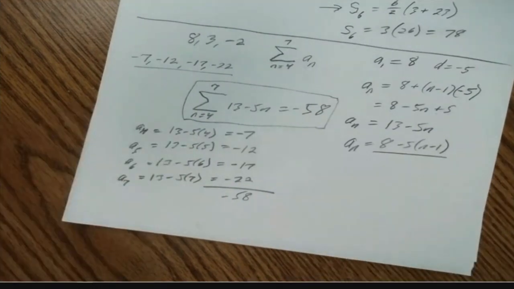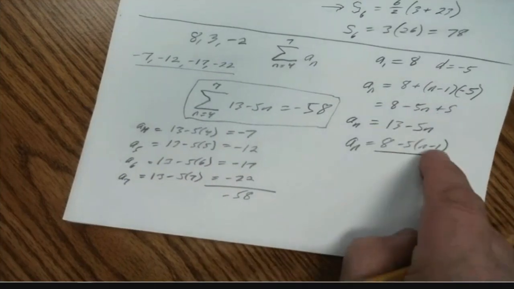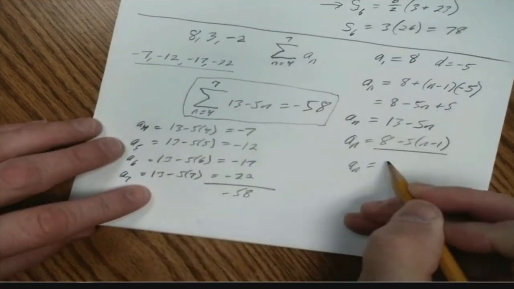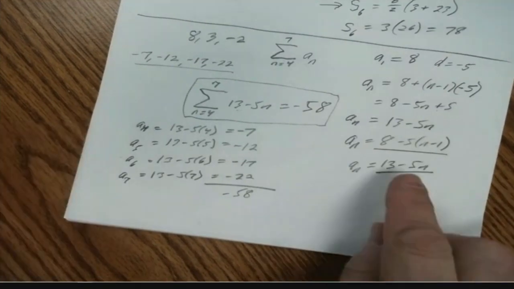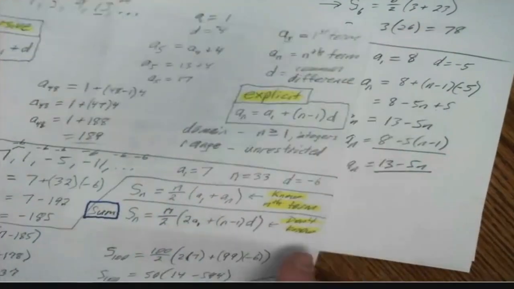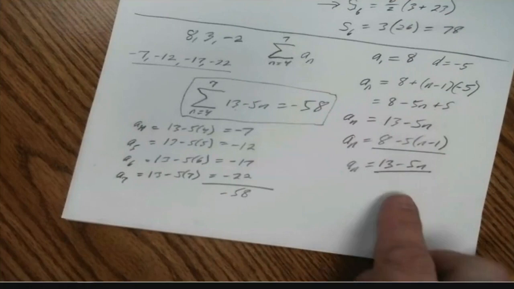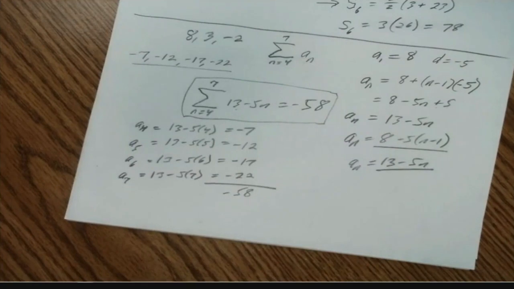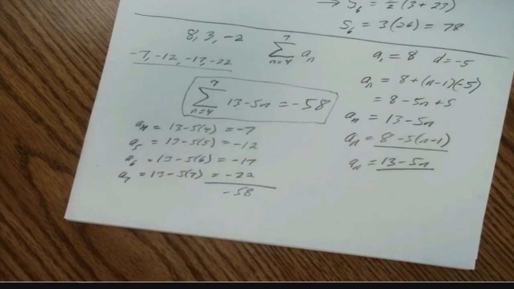That's the formula we would use, but that would simplify like we did here when we multiply that negative 5 into the parentheses. This is the exact same sequence. These are the same sequence. This is leaving it in that form. This one's just simply simplifying that, doing the math, getting rid of the parentheses, and simplifying it. So that's an important way to convert to sigma notation, knowing that this is going to tell you something a little bit different, but you should get the exact same answer.